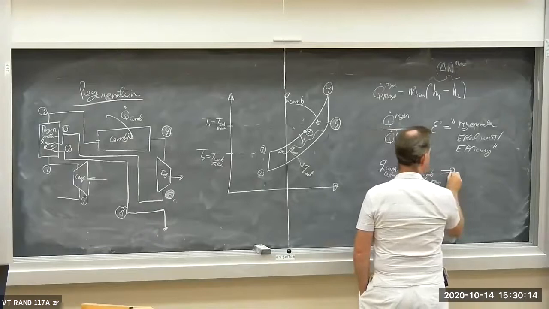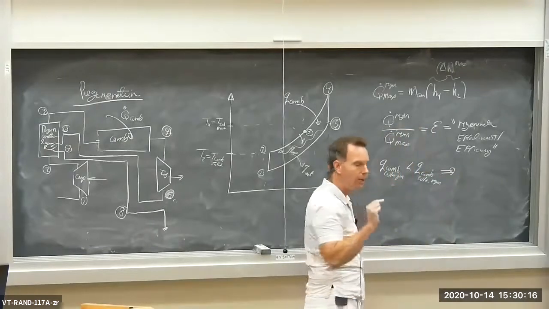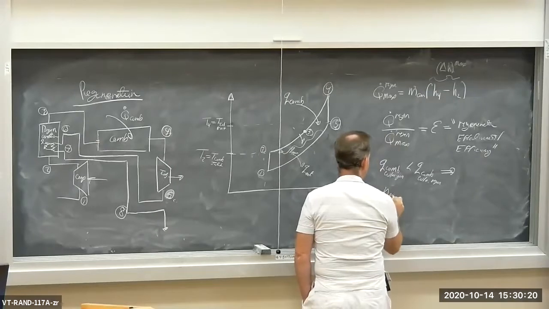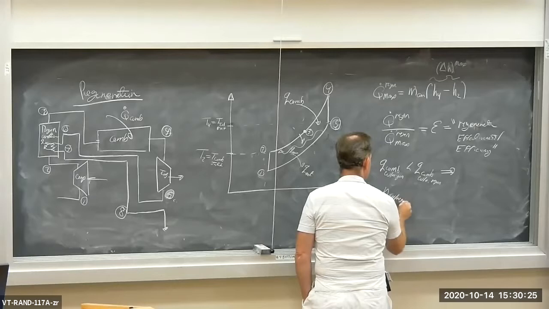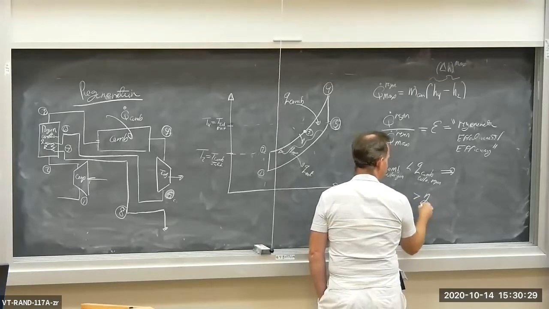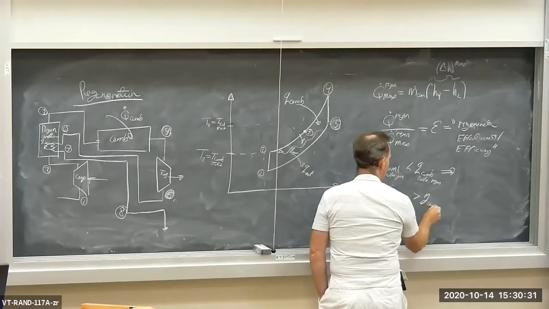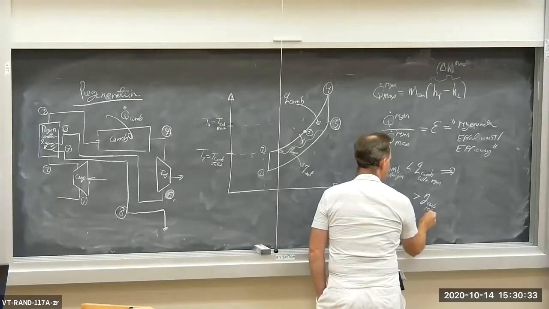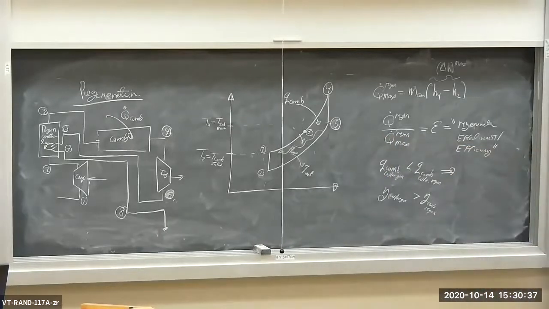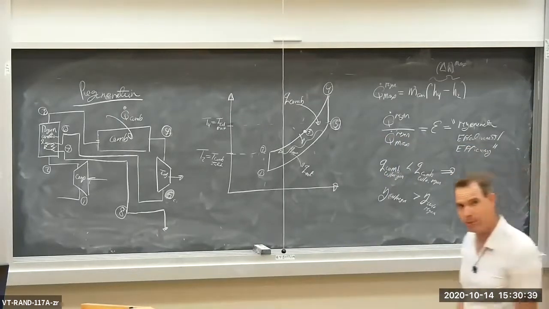So that means that the efficiency is going to be higher if you add a regenerator. So eta with regeneration is going to be greater than eta, or efficiency for the cycle, without regeneration. So adding a regenerator boosts your efficiency, sometimes substantially.